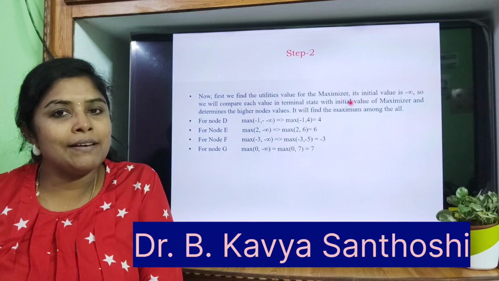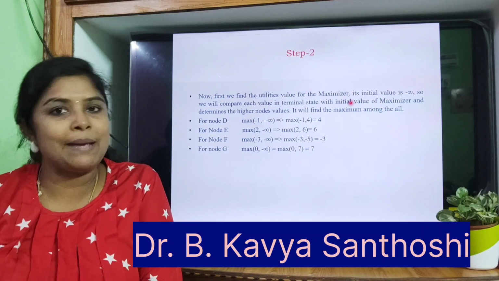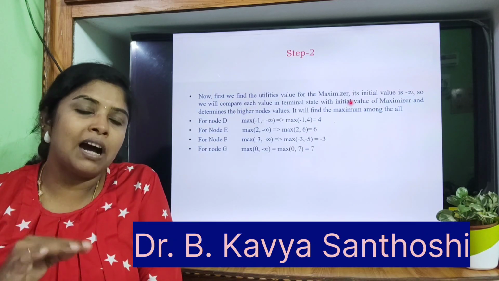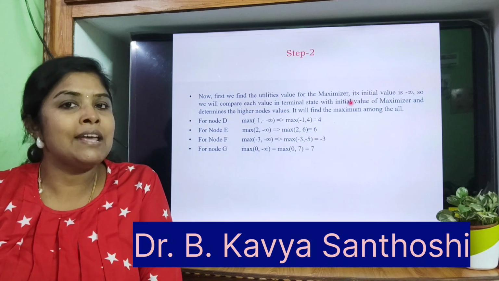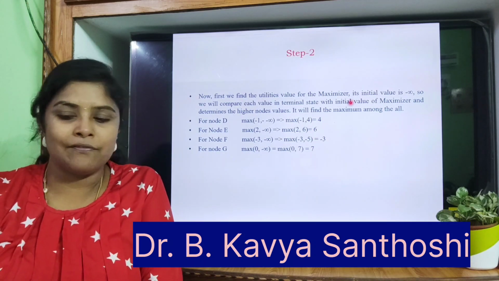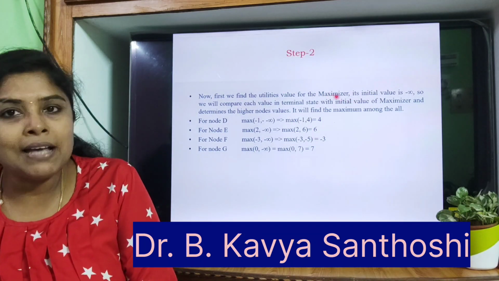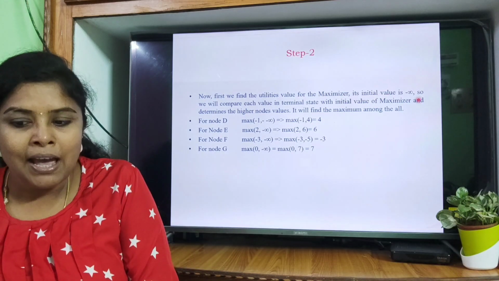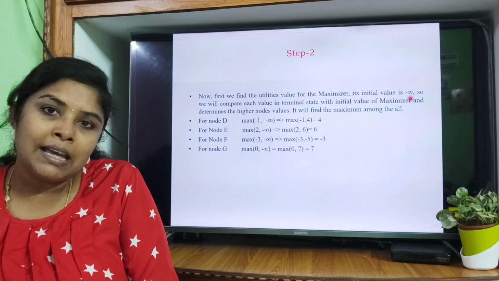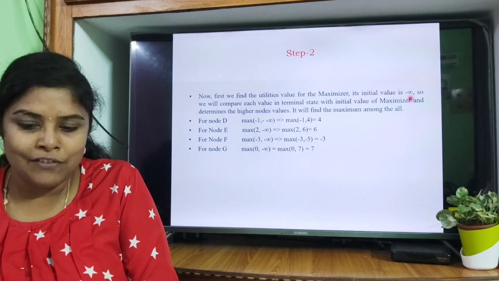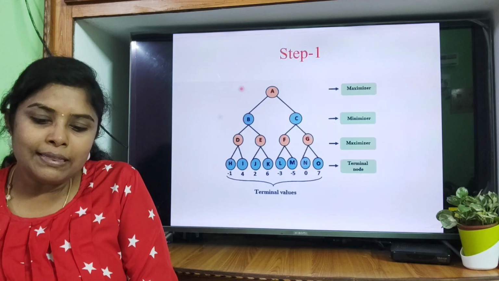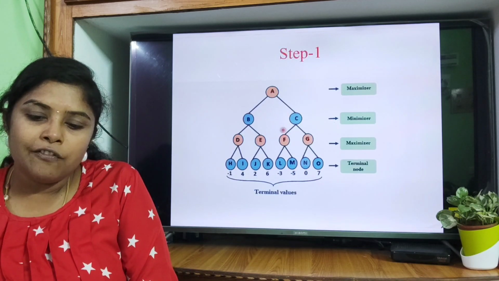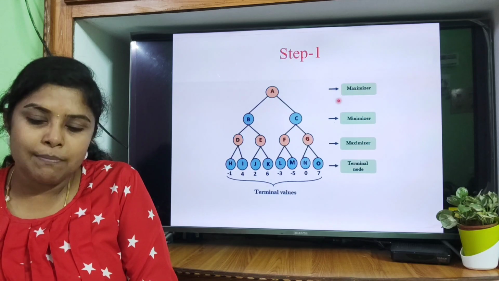Whereas the min player's main goal is to minimize. Therefore, he will start from plus infinity and he will try to go towards minus infinity. So for the maximizer, the initial value is minus infinity, and for the minimizer, the initial value will be plus infinity. So, in this particular tree, the first player is the maximizer.